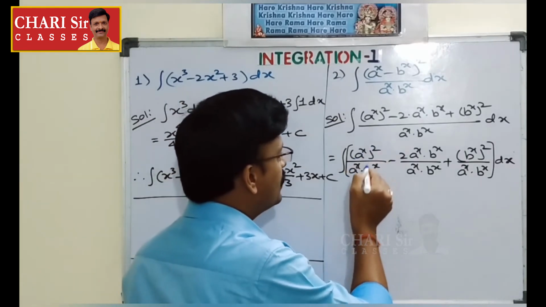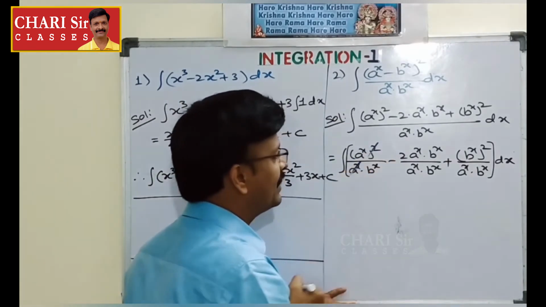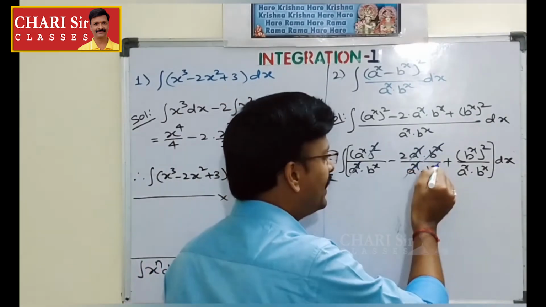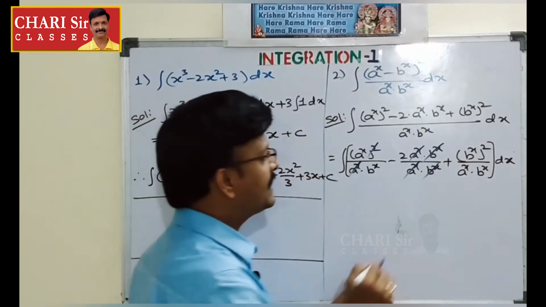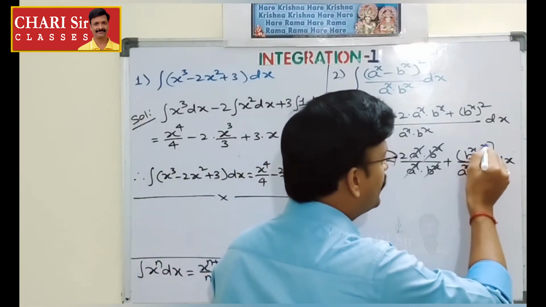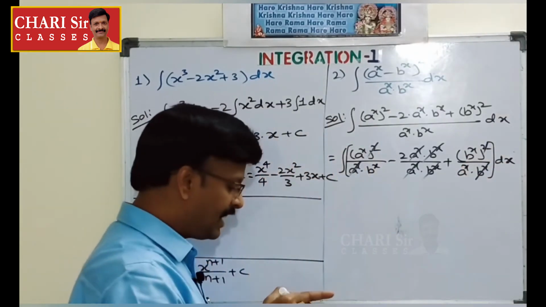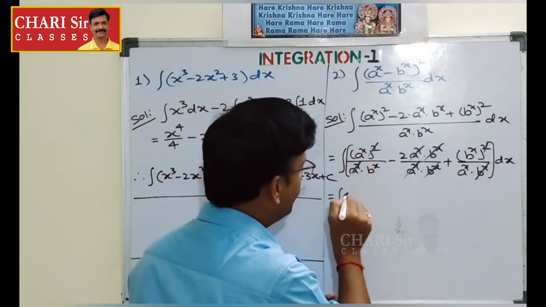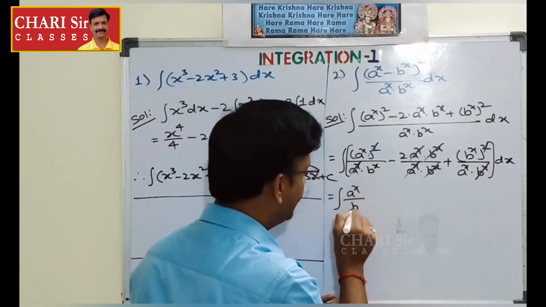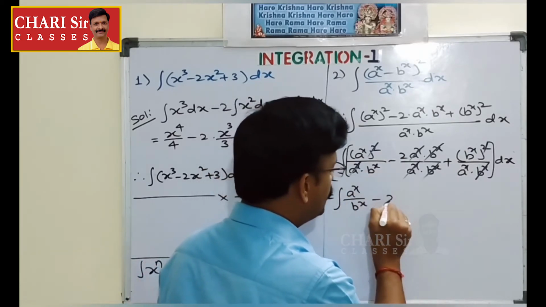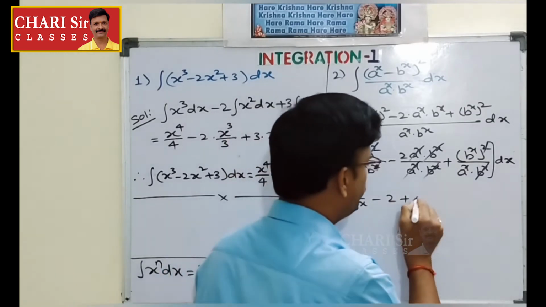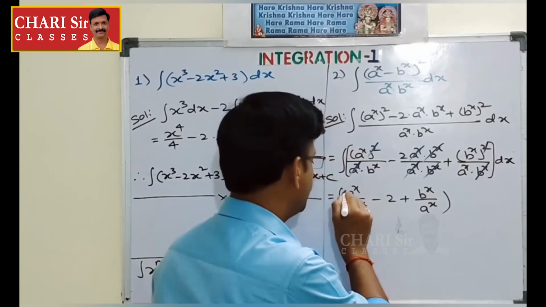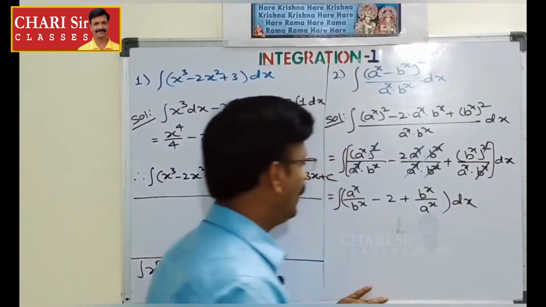Here (a power x) whole square by a power x, so the square and a power x you can cancel. Here a power x and a power x will get cancelled, and b power x and b power x will get cancelled. Next here b power x and (b power x) whole square, this square will get cancelled. So the remaining terms we write once, that is integration of a power x by b power x, minus 2, plus b to the power of x by a to the power of x, for this whole dx. Now everything is simplified.